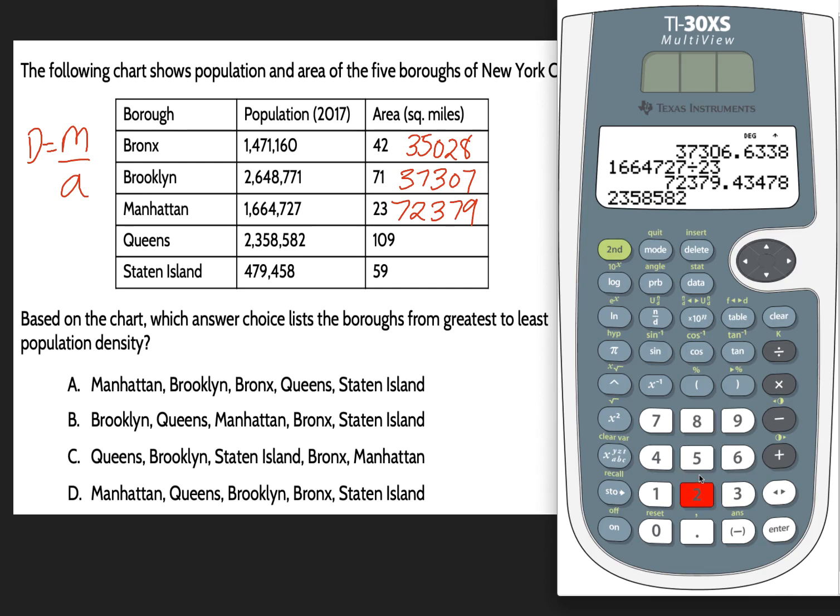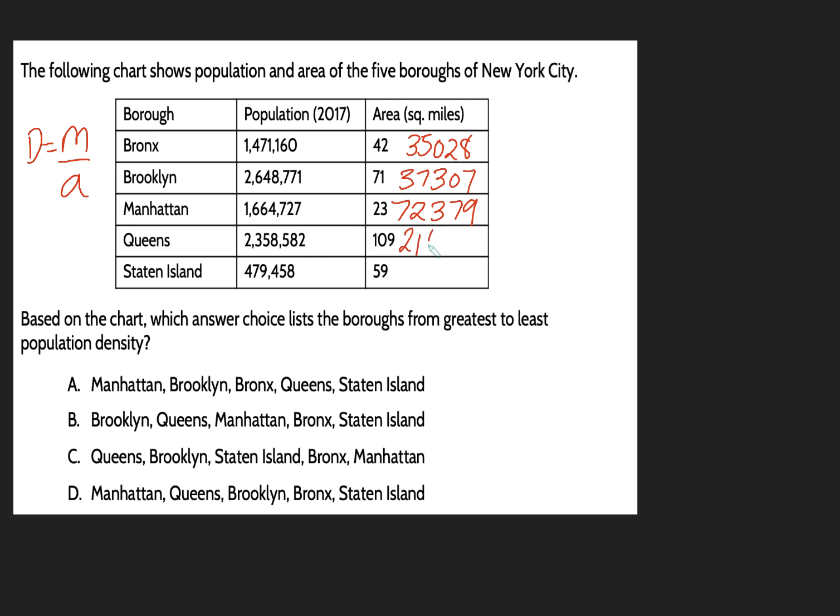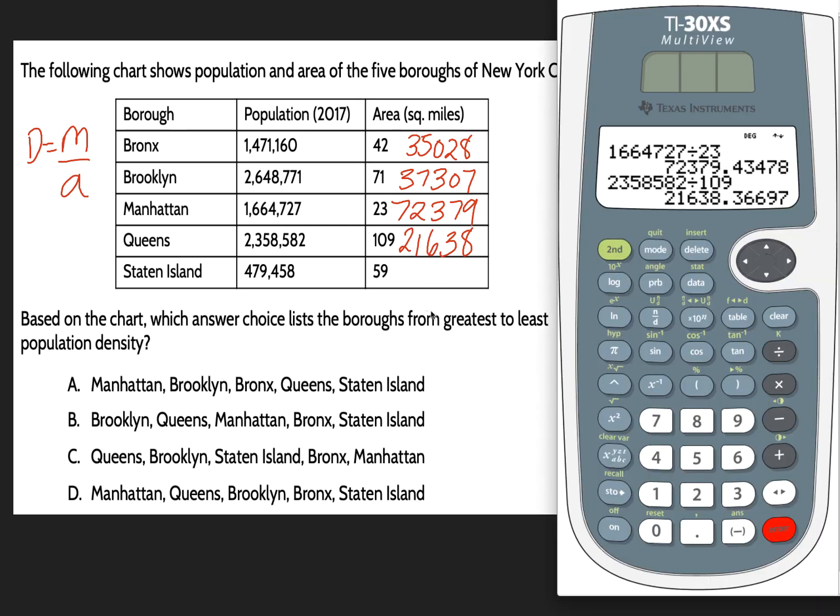Okay, let's go to Queens. 2,358,582. And we're going to divide that by 109. Queens is pretty big. All right, notice that we get 21,638. Don't mind me repeating myself. It's just for me to write this stuff because the calculator goes away.